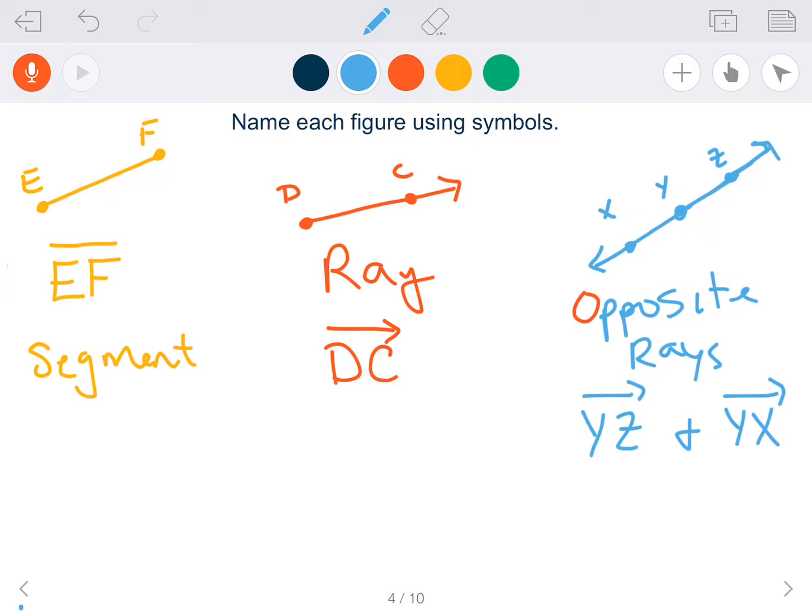It's important you don't switch those letters around. The ray starts in the middle at Y and extends through Z. That would be ray YZ. The second ray in this diagram again shares the same endpoint of Y, and it goes through point X, which is where we can label it as ray YX.